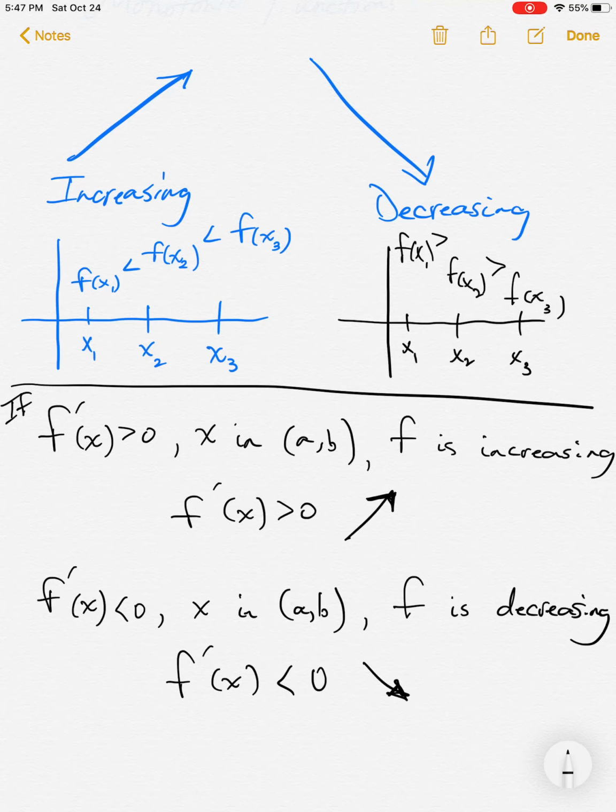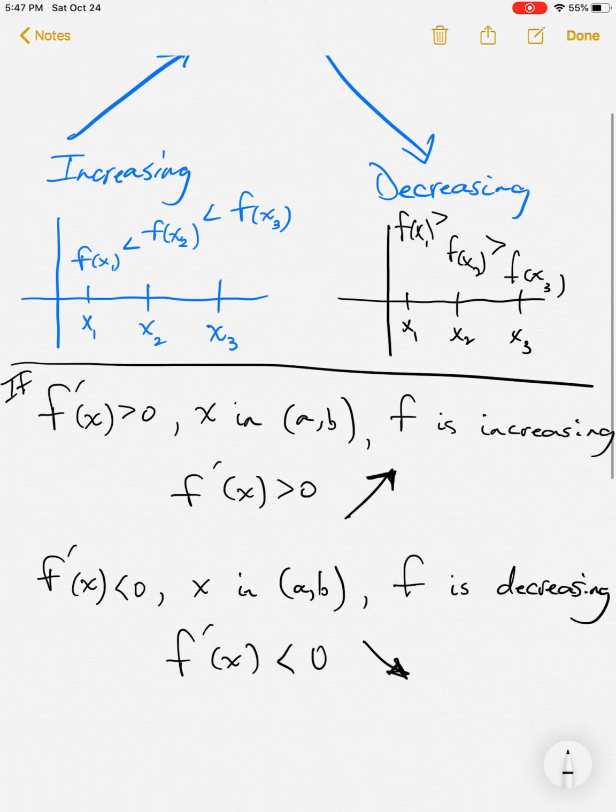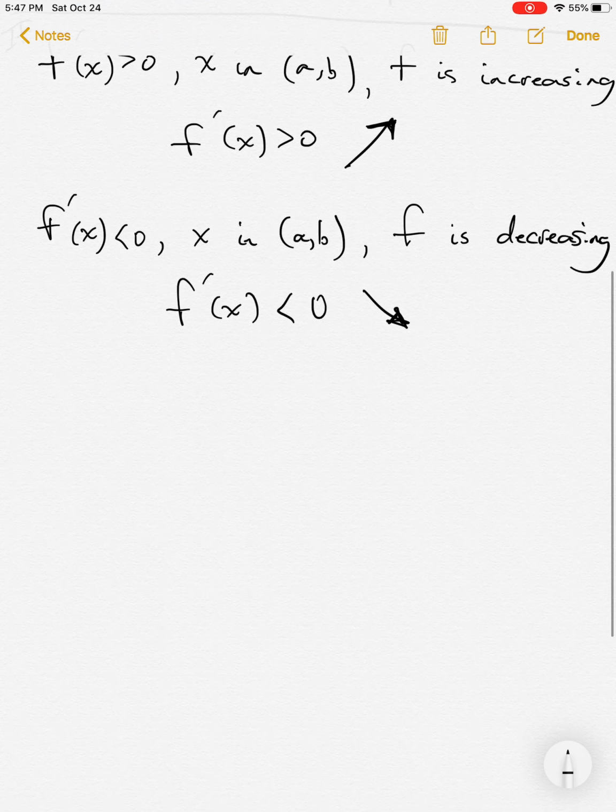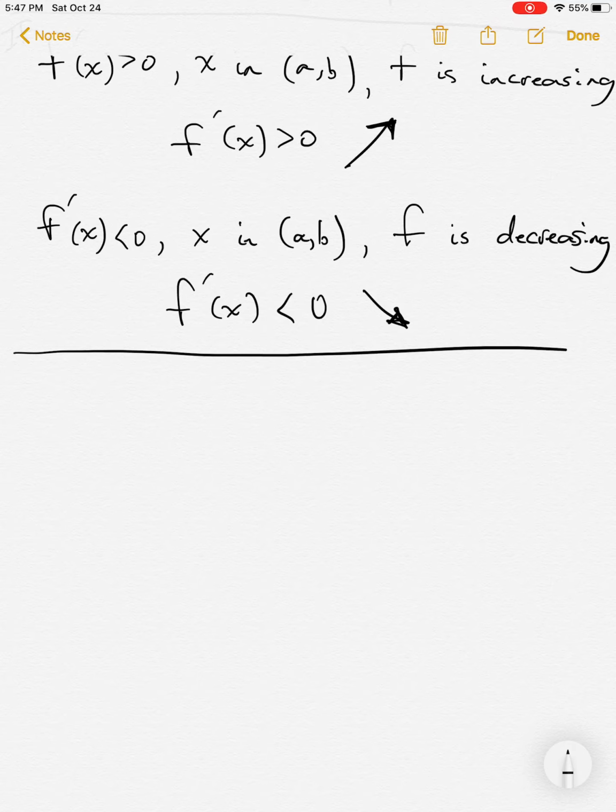All right. So let's jump into a problem. The problem was going to ask us some stuff. It says find the critical point values. Like, what are critical point values?